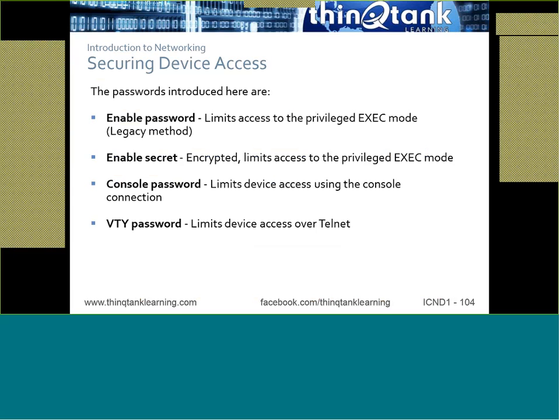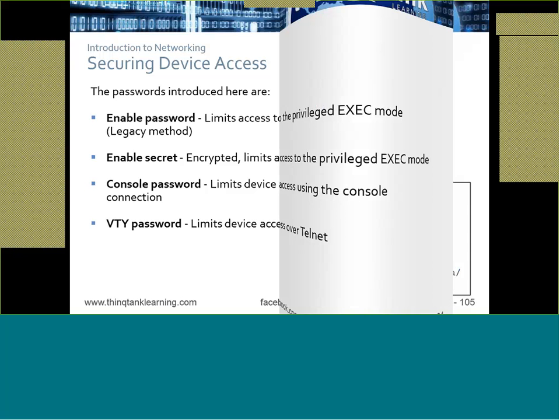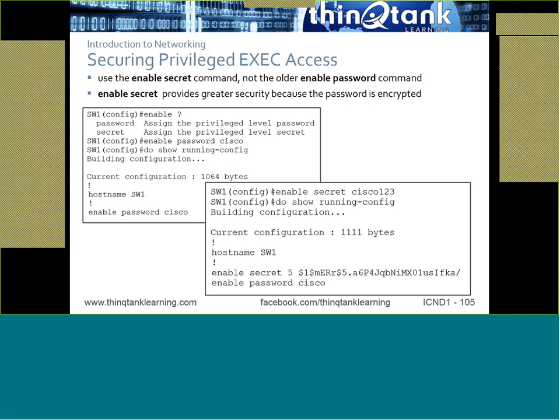Now we'll also see how to configure authentication for the console and VTY. VTY is what we would use to limit access to Telnet or SSH. I'm going to demonstrate that in a little bit. Use the enable secret command, not the enable password command. Enable secret provides greater security because the password is encrypted.